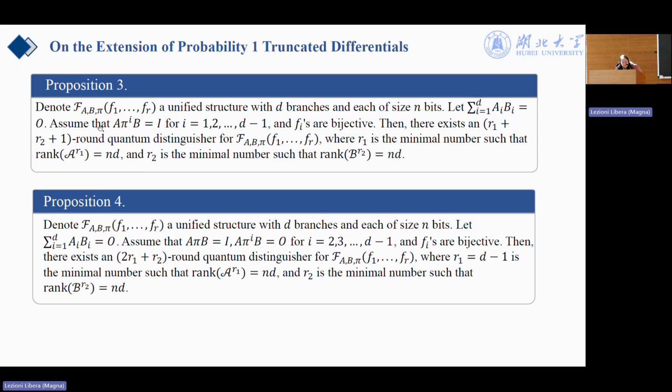And the second case is A pi B to the I equals 0 matrix for I equals 2, 3, etc. In this case, we can extend it to R1 plus R2 round quantum distinguishers.